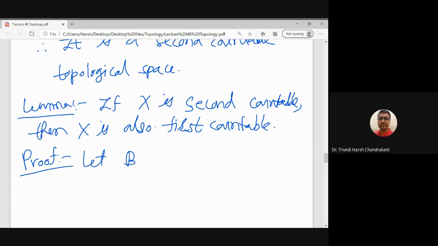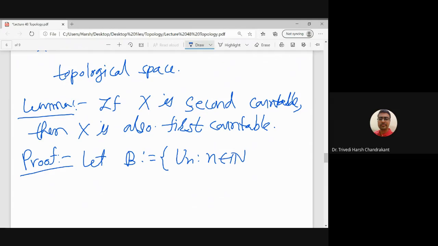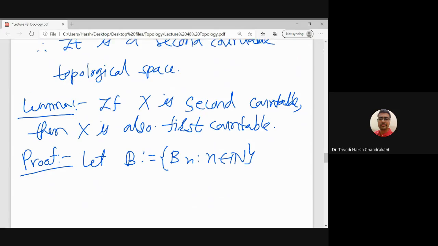So let B be the collection B1, B2, ..., Bn, ..., a countable basis for the topology on X. How do we get this? Because X is second countable, so it has a countable basis.